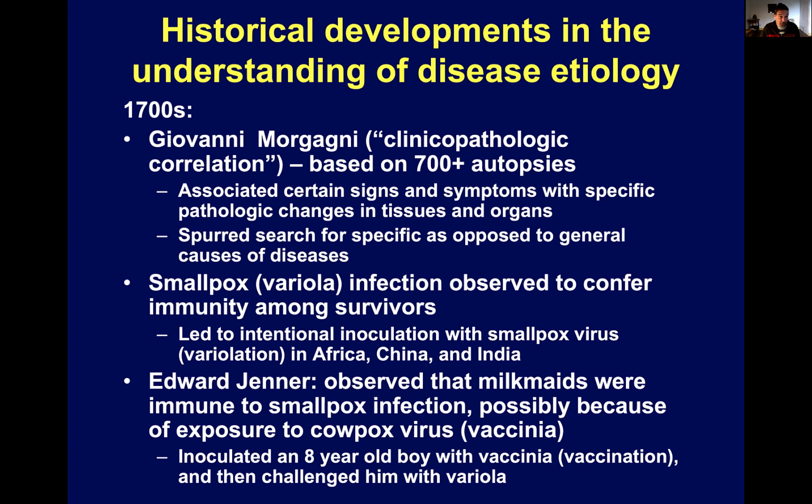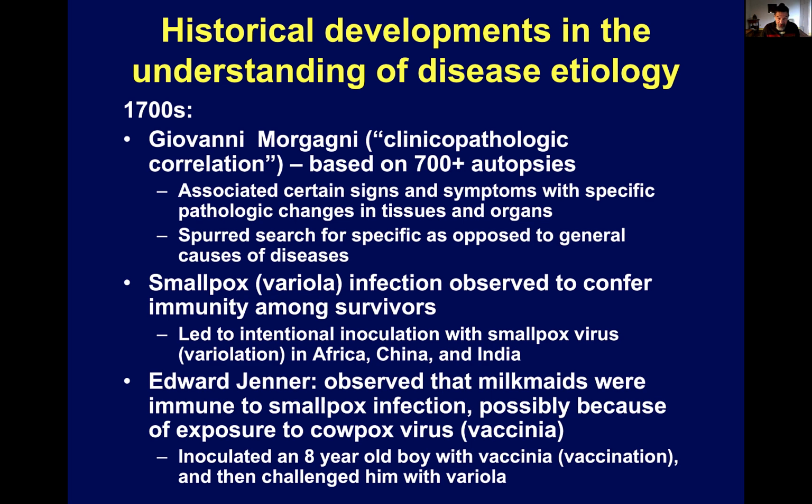Later, Edward Jenner made the observation that milkmaids, people who milked cows, were immune to smallpox infection. And this was possibly, he hypothesized, because they were exposed to the cowpox virus, or vaccinia. And so he did an experiment whereby he inoculated an 8-year-old boy with the cowpox virus. And then, after adequate time passed to develop an immune response to the cowpox virus, he exposed the boy to smallpox virus to see if he would develop smallpox infection.